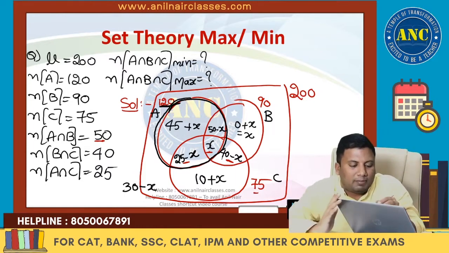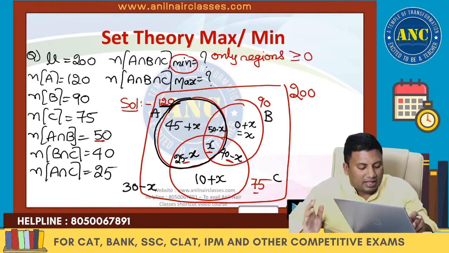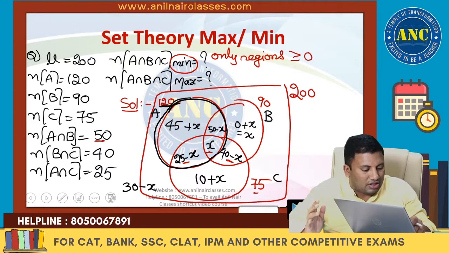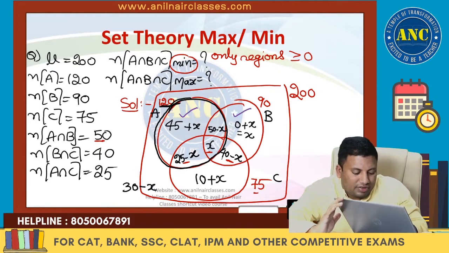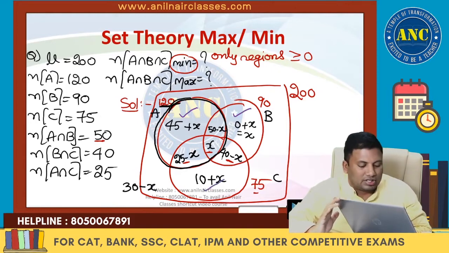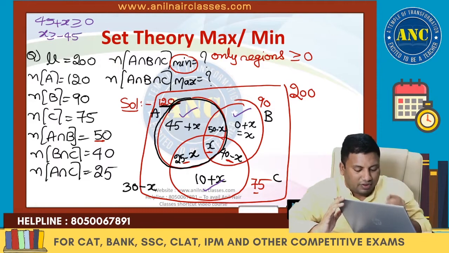To determine the minimum value, only regions should be greater than or equivalent to 0. What are the only regions? These are the 3 only regions. So 45 plus X is greater than or equivalent to 0, X is greater than or equivalent to minus 45.